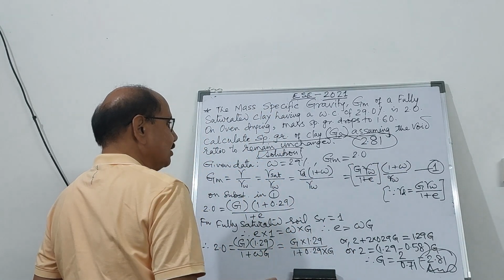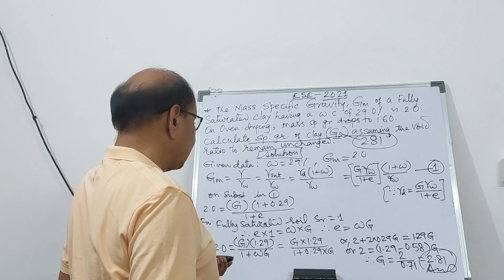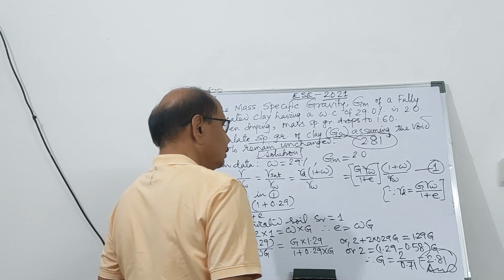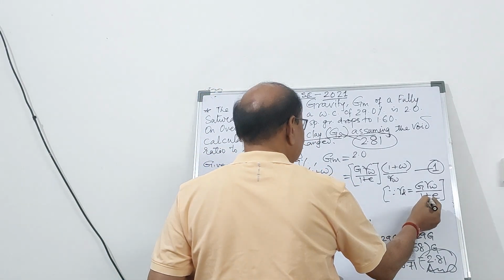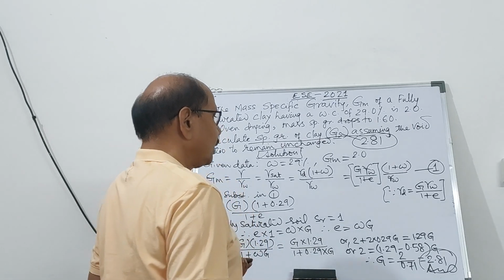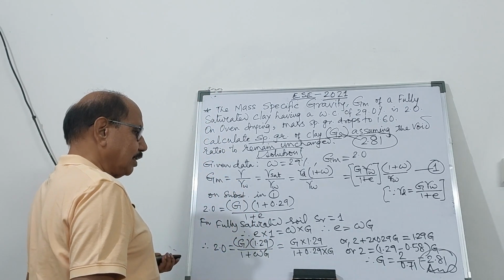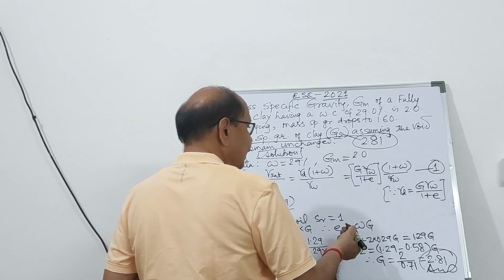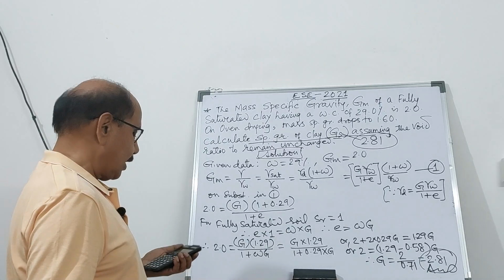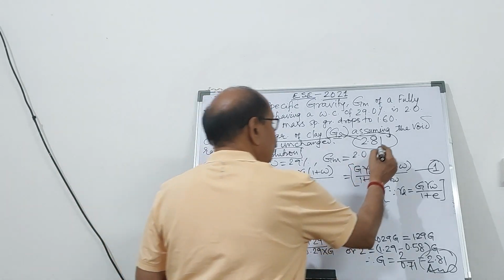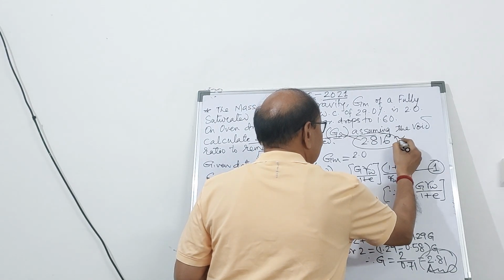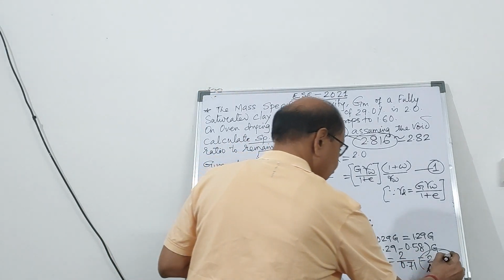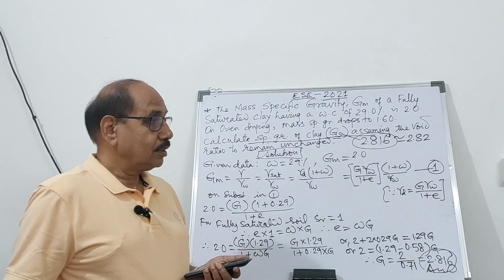When the void ratio remains constant, because gamma d doesn't change, the void ratio has to be the same, and therefore we can find the value of G, which comes out to be 2.816 to be precise. So approximately you can say 2.82.